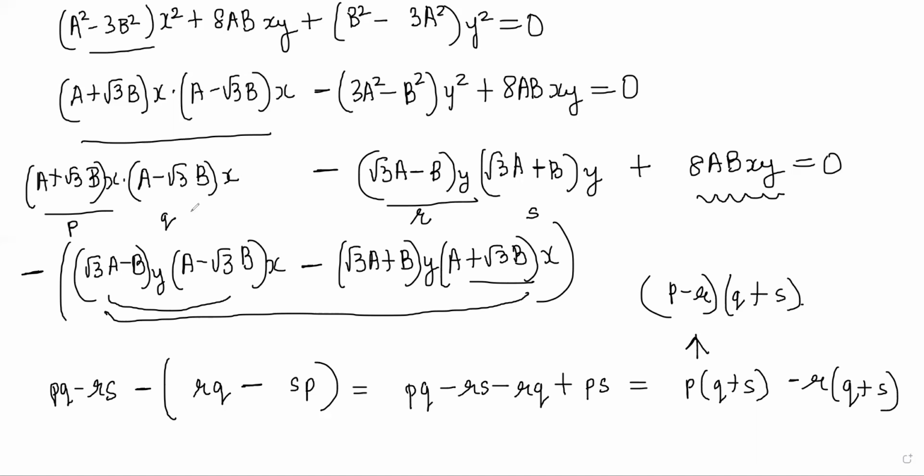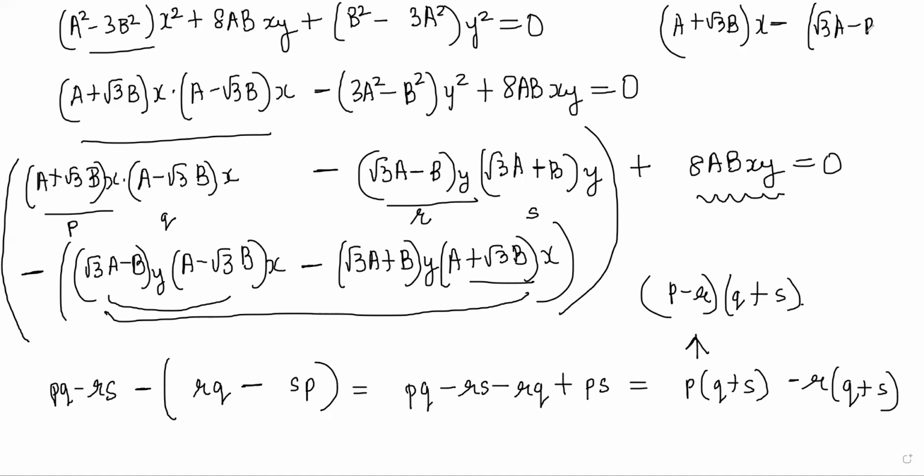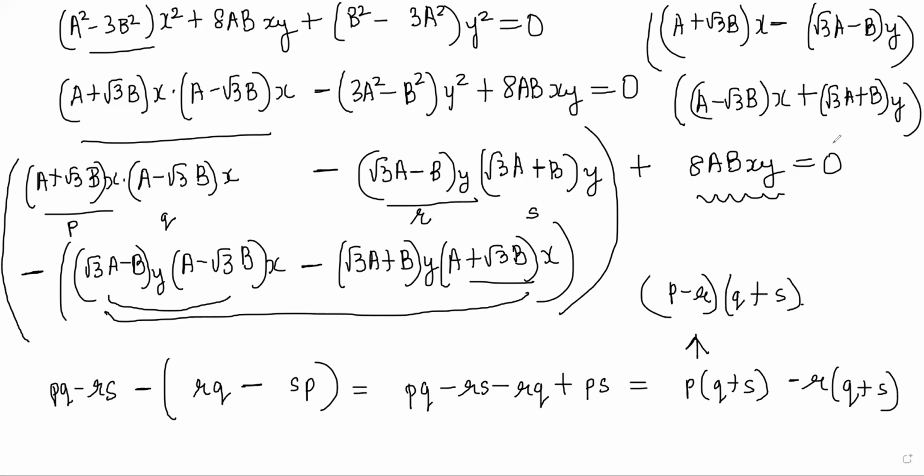So what we will say now is that these three terms are actually p minus r. P minus r is a plus root 3b x minus r, which is root 3a minus b y. That is one line, p minus r, and q plus s is the other line, a minus root 3b x plus s, which is root 3a plus b y.